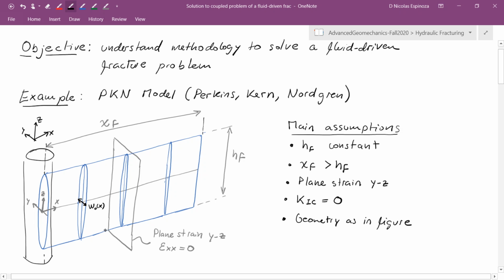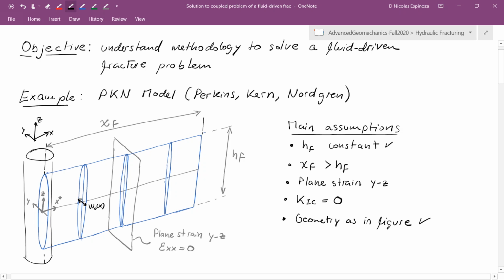The main assumption here is the geometry of the fracture. And in this case, we assume that the fracture has a constant height, something that we're going to see in a bit how to determine, and that the fracture has a width that varies along the fracture height.